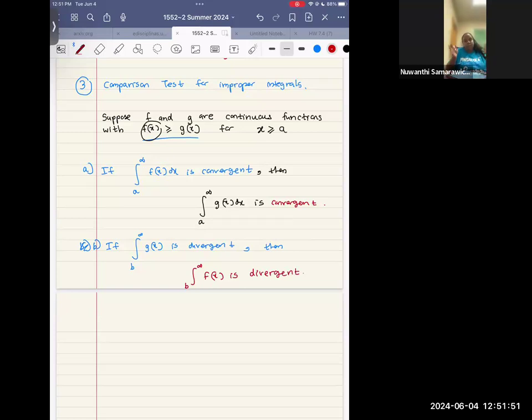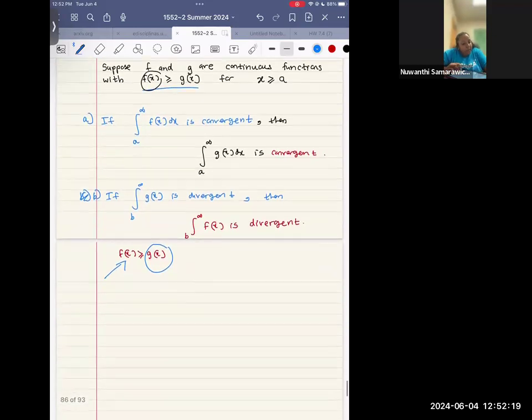It's not vice versa, okay? Don't get confused. So if the improper integral of g is divergent, we can say the improper integral of f is divergent. Okay, so this is called the comparison test. So let's do an example for this.